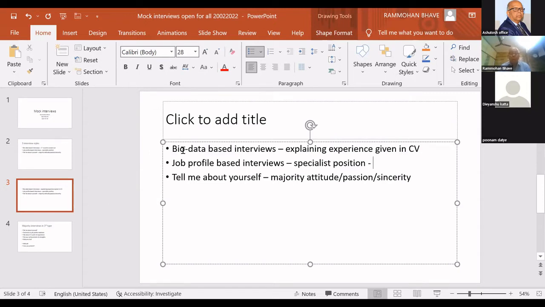Then in job profile based, your fitment to the profile is seen. So for example, if you are interviewed for a branch position, generally in a branch you have to have more coordination with the inventory people or the marketing managers.